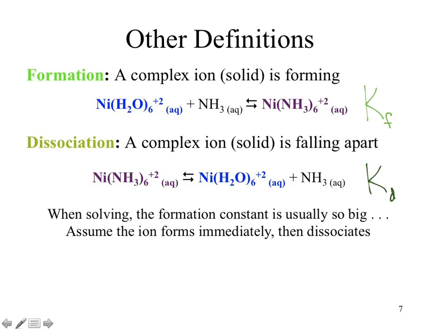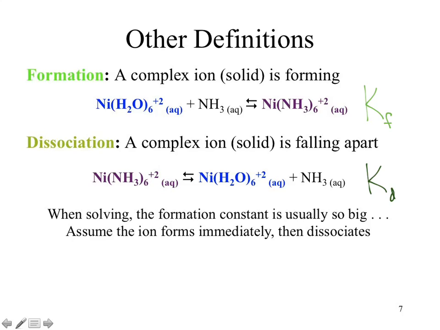Okay, which I know sounds a little bit weird, and it's only going to get weirder. What we'll then do to try and determine the concentration of nickel ion present is look at the Kd, the dissociation of the complex ion into the individual pieces. Okay? So to solve these, you'll start with your ions. You would immediately drop them into solution and immediately assume they completely convert to the complex ion, then look at how they dissociate.